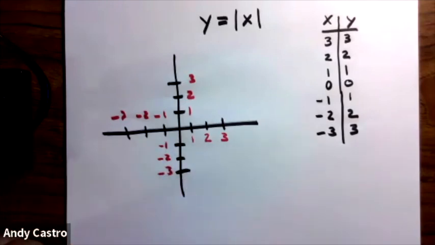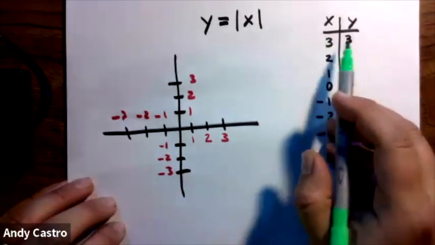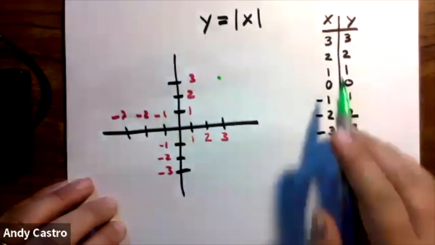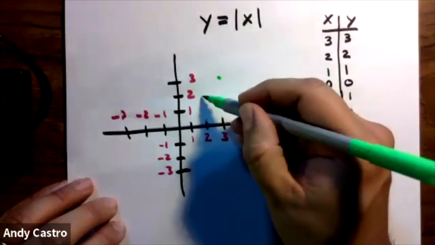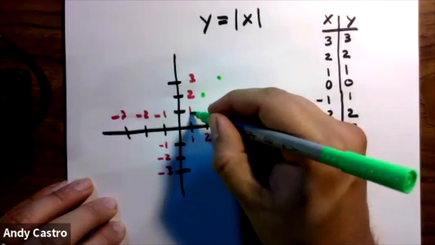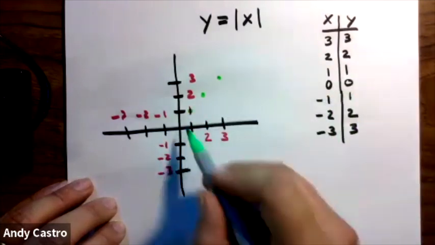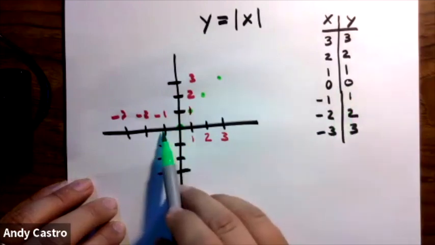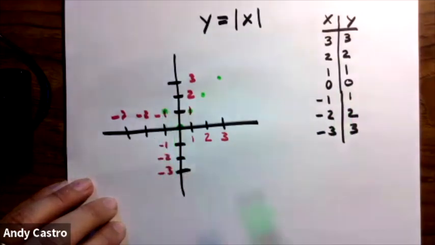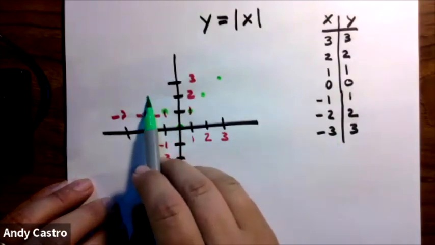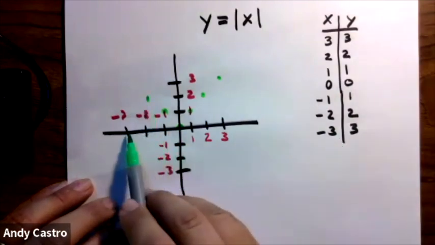All right. So my first point is 3, 3. So 3, 3 right here. Good. 2, 2, 1, 1, 0, 0. -1, +1. -2, +2. -3, +3.